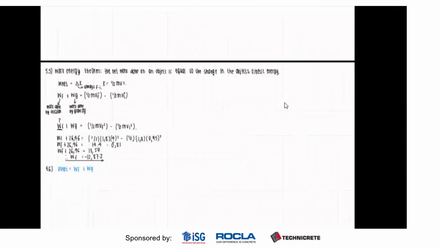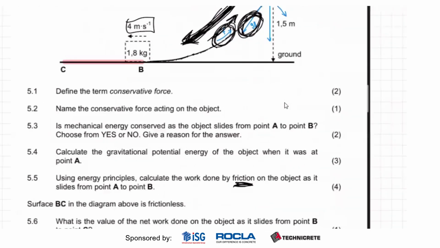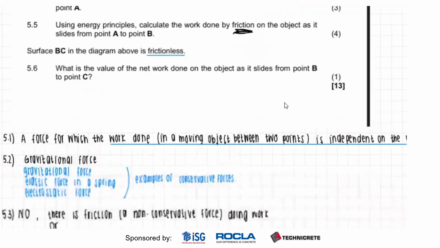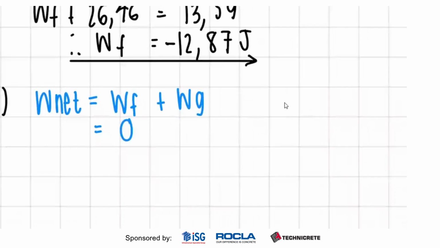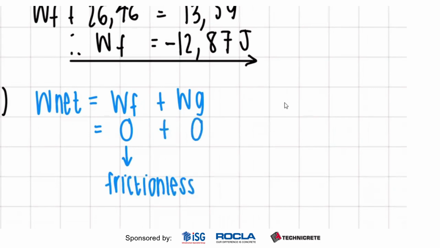But now, when we're passing from point B to point C, we are on the ground, so there is no work done by gravity. And we don't have any friction because it's a frictionless surface, so there is no work done by friction.